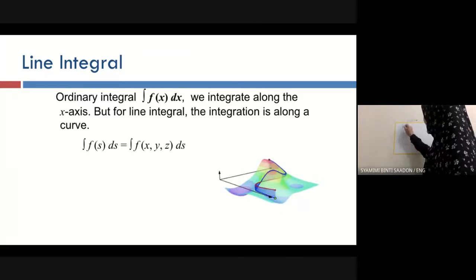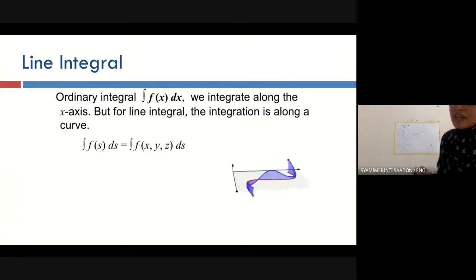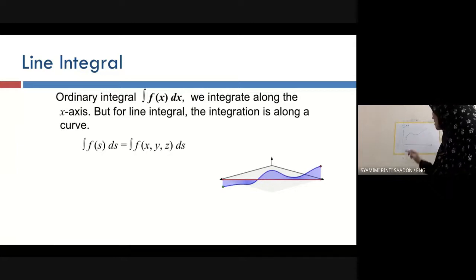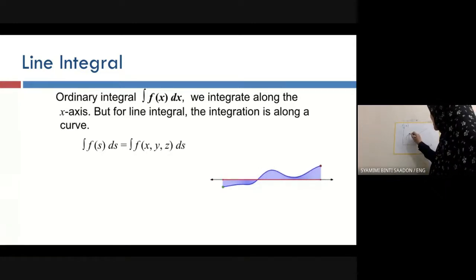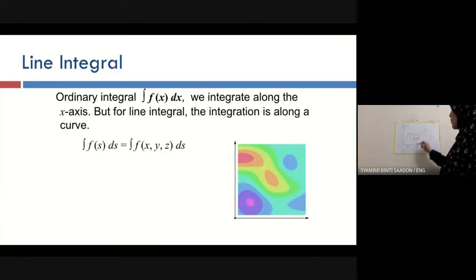If you have a function f(x), for example like this, and we do the integral of the function f(x), it means that we calculate the area of f(x) from x0 until x final. We integrate along the x-axis, the area along the x-axis, like this, right?